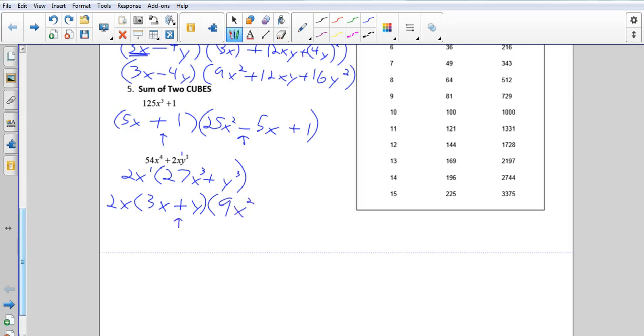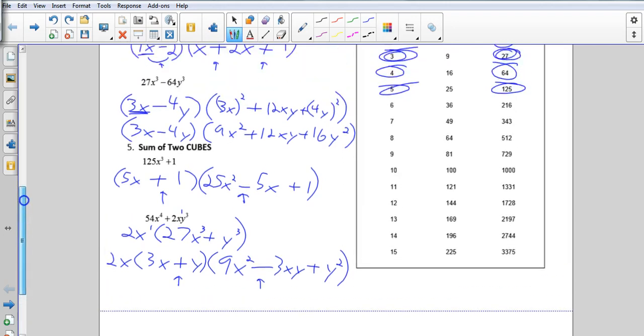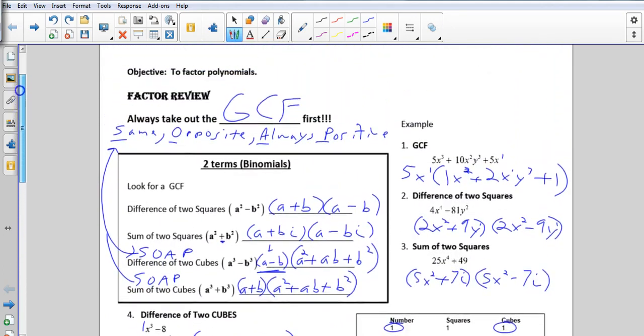We did same. Now we're going to do opposite. Multiply a times b, which is 3x times y, which is simply 3xy. And now we're going to square the last term. Always positive. And there we go. Like I said, I know it's new, but you'll get used to it. We'll have practice on it tomorrow.